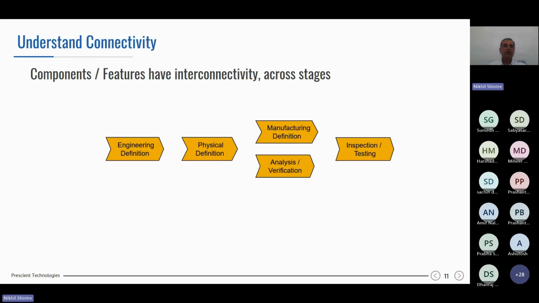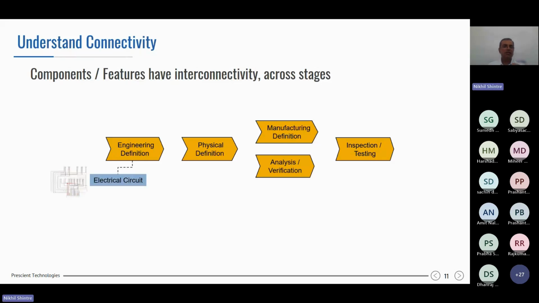Then you also have analysis and verification, which for simplicity I am saying would happen in parallel. It may or may not be. And finally, when you have the full design and manufacturing plan ready, you also need to plan for the inspection and testing. For this, there could be many different aspects of the same model which are useful. So let's try to understand it with a good example.